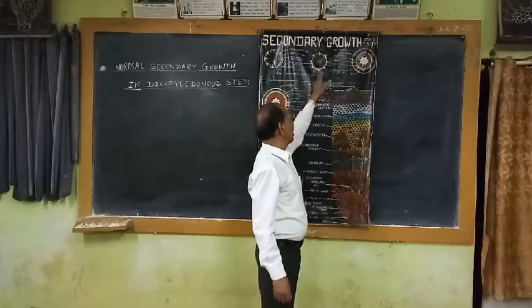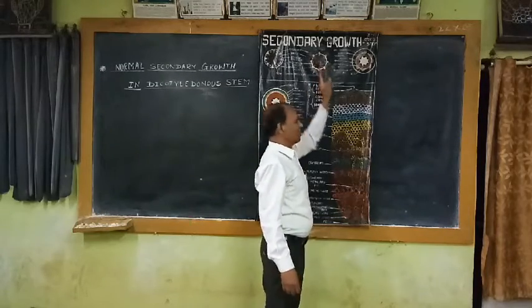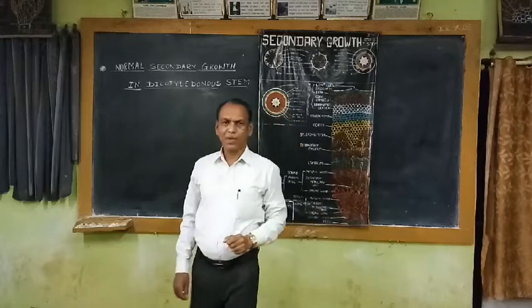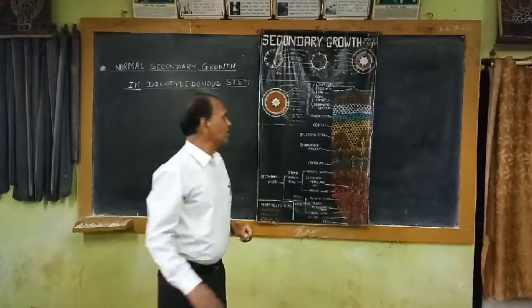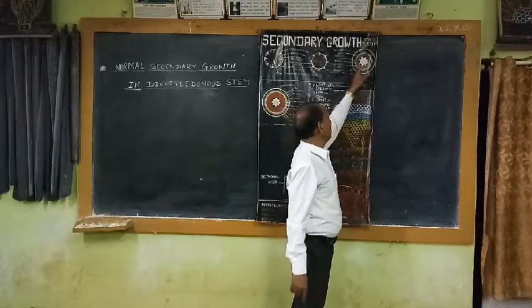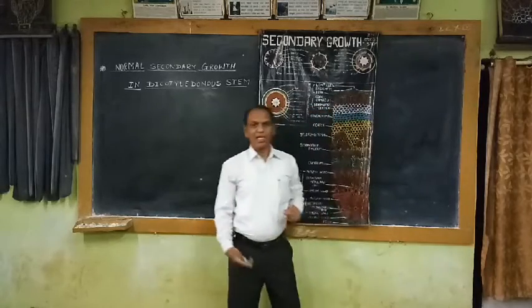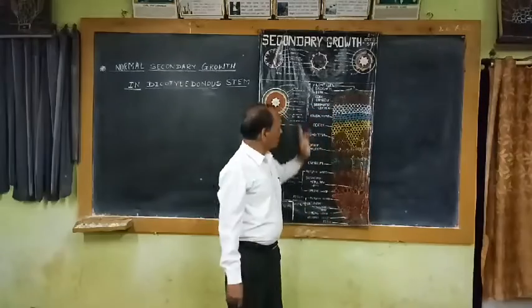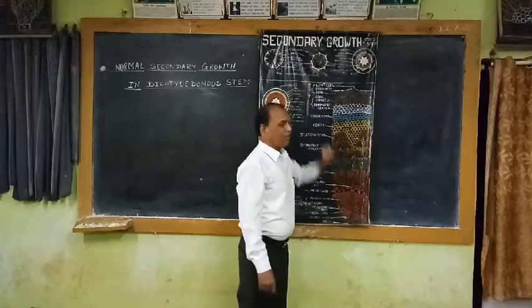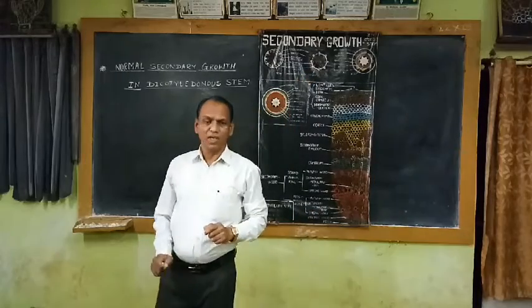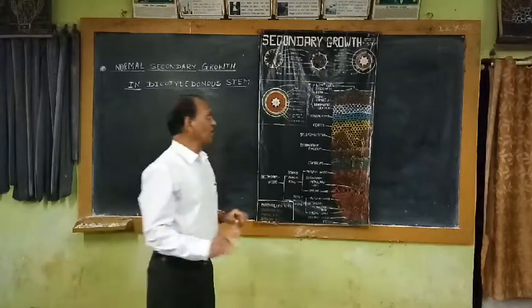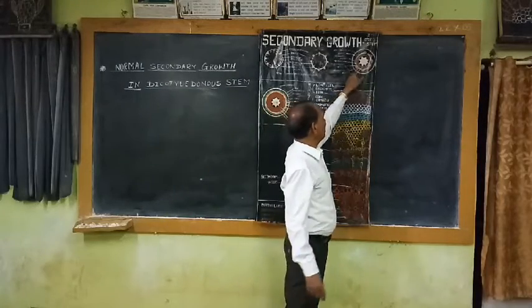So when secondary growth begins, the inner layer of cambium redivides constantly and produces the secondary xylem at the inner side. At the same time, the outer layer of the cambium cells divides tangentially and adds the secondary phloem cells at the outer side.